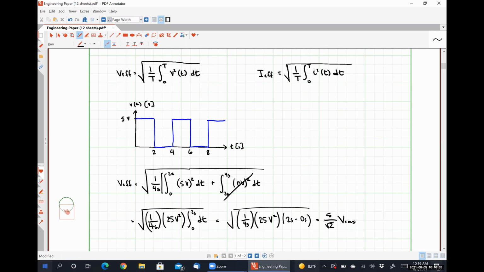So that is the DC equivalent voltage that supplies the exact same amount of power to an arbitrary resistance as that series of rectangular pulses. Okay, so we would say that the RMS value of that voltage waveform is 5 over the square root of 2 volts.